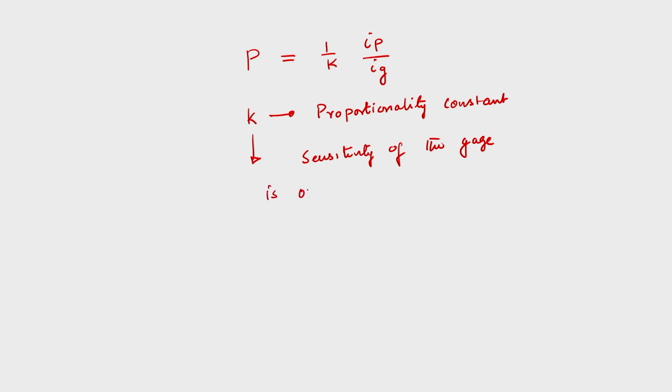This is all about the working principle of the ionization gauge. Again I am telling, this gauge is used to measure very low pressure, that is 10 power minus 6 to 10 power minus 2 Pascal.